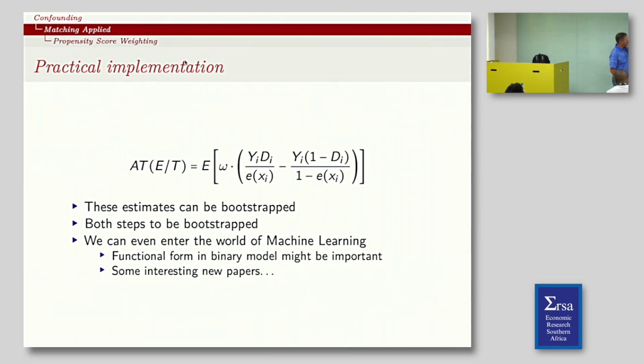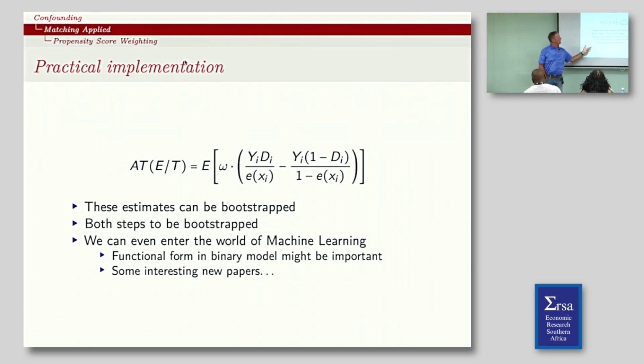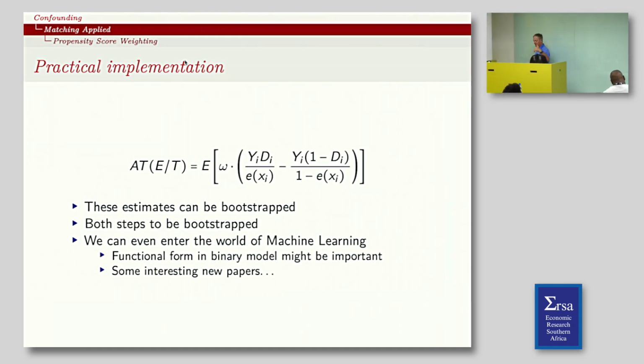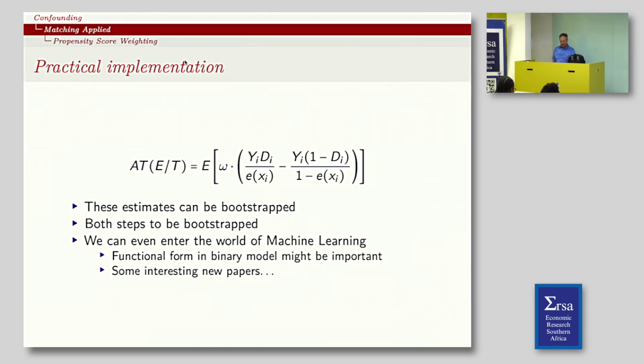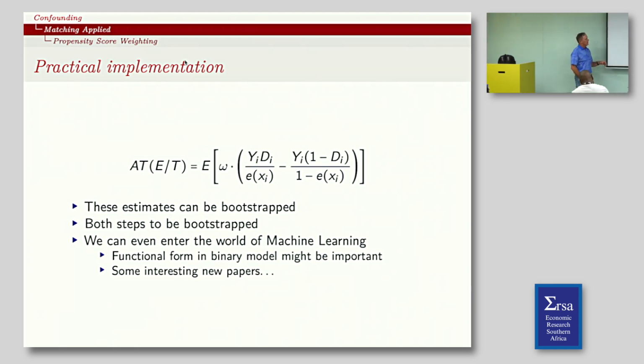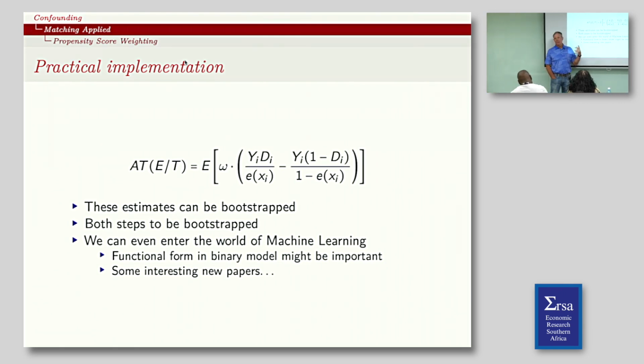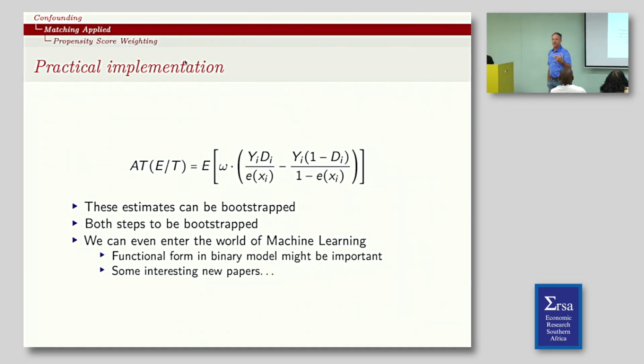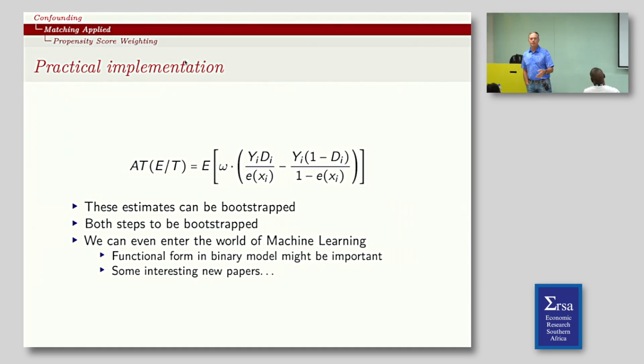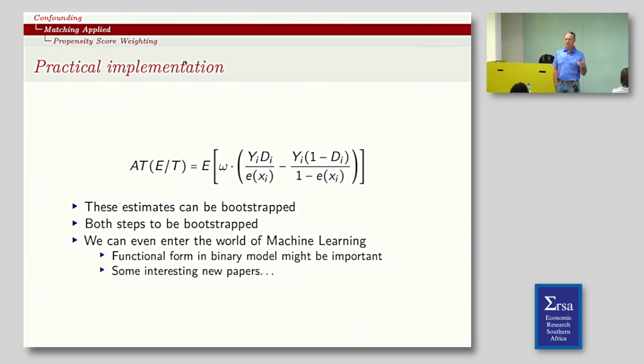Okay. So anyway, as I said earlier, these estimates can be bootstrapped. So it's very useful. We can go through the process, we can do the bootstrapping, and we can estimate this. If you really want to, you can jump into the world of machine learning. Instead of using a probit or a logit, you can start asking questions about what the appropriate functional form is for the propensity score model. There's a little bit of literature in double robust estimation by, what's his name?